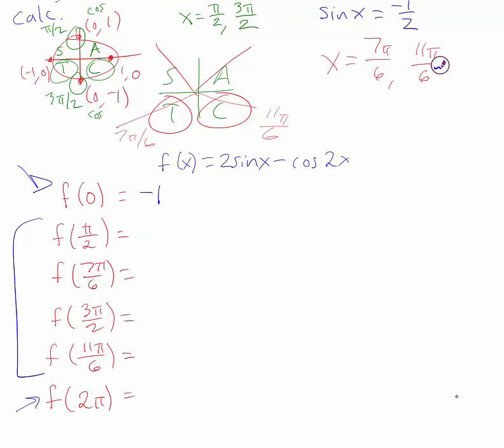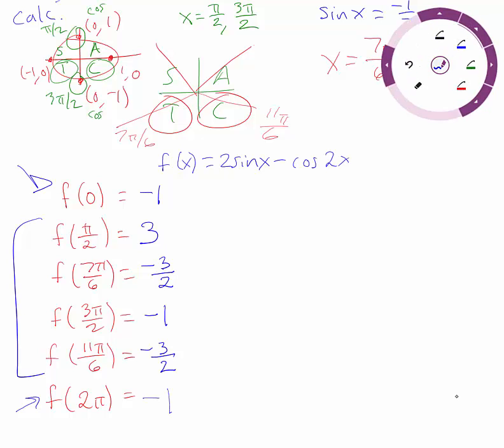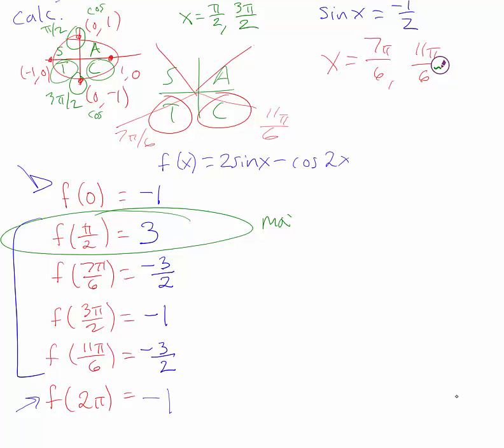Okay, f of 0 is -1, f of pi over 2 gives us 3 on our calculator, then 7 pi over 6 is -3/2, 3 pi over 2 gives us -1, 11 pi over 6 gives us -3/2, and 2 pi gives us -1.